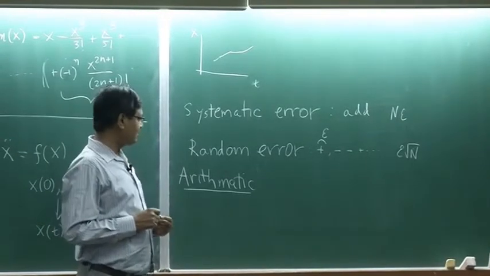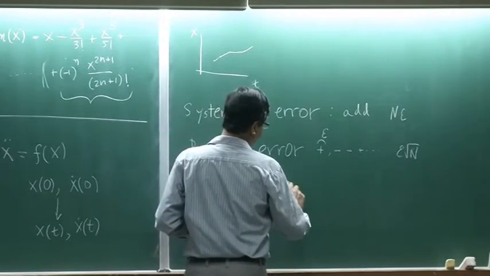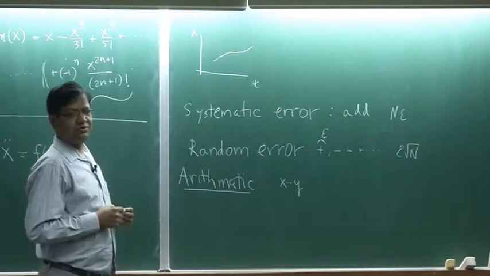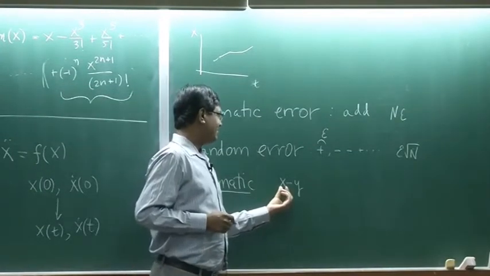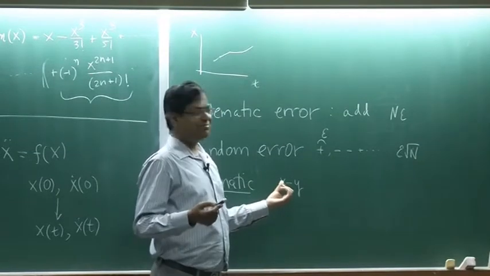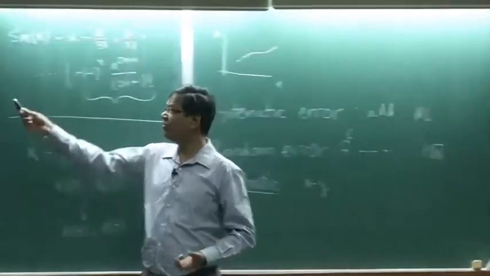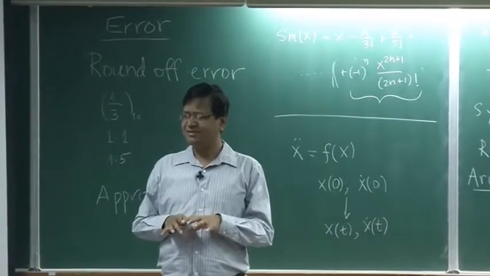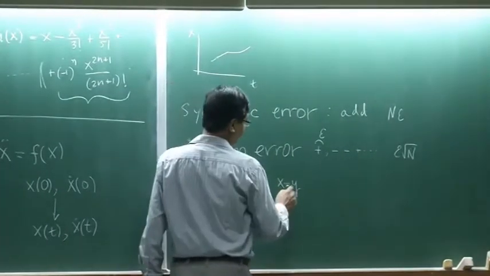So, let us look at an example. I want to subtract x minus y. Okay. Now, there could be some error in x. It could come from round off, or from my experimental input, where I make an error. So, there could be some error in x.